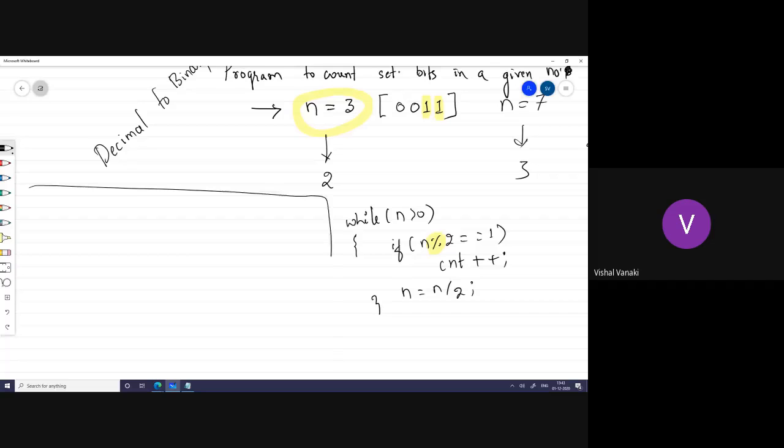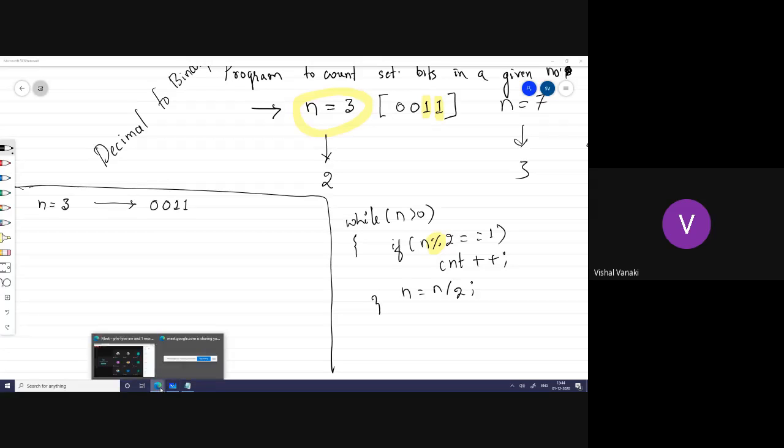Now let me show you a nice property of bitwise AND. Let's say the given input is n is equal to 3. What is the binary of 3? 0011. Now what is the previous number of 3?